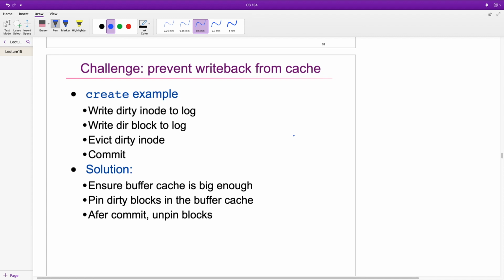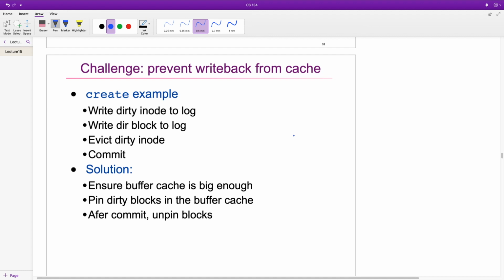I mentioned remove, unlink, as a possibility, because it could write to a lot of bitmap blocks because it might free a lot of blocks. But there's a worse one than that. Rename is a handful. I'm thinking of one that could be tens or hundreds of blocks.